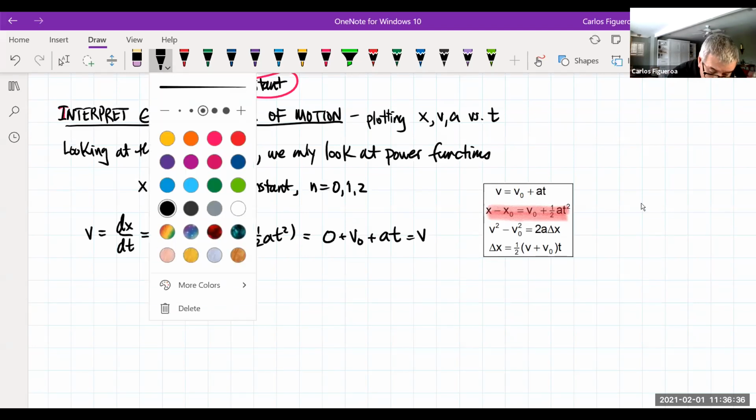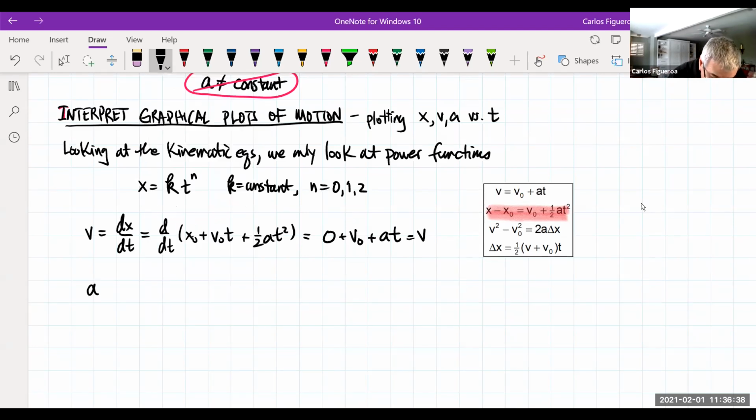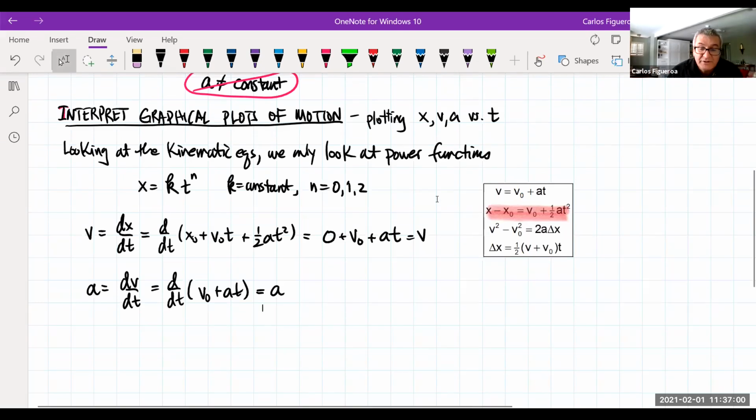And if I look at the acceleration and take the derivative of the velocity, the same equation here, you could see that this will be v naught plus a t. And if I take the derivative of this, again with v initial and a being constants, I get back the original acceleration equation.